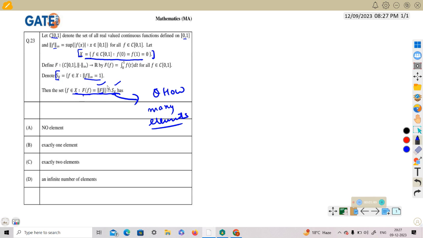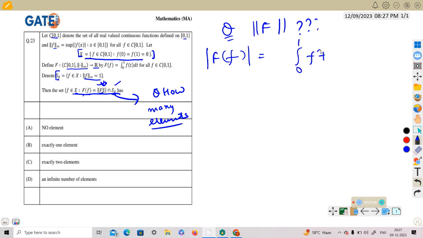Okay, first of all we need to know what is the norm of F. So first step, what is its value? We can see that F is a function from the C[0,1] space to R. So we take its modulus, the integral from 0 to 1 of f(t) dt, and we will use this famous inequality.